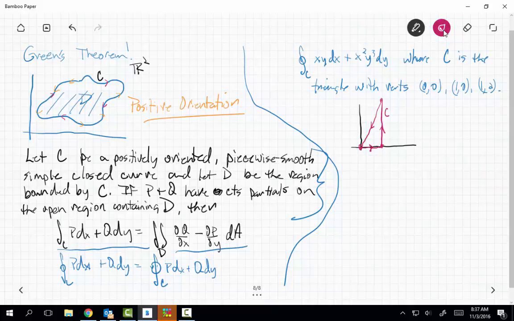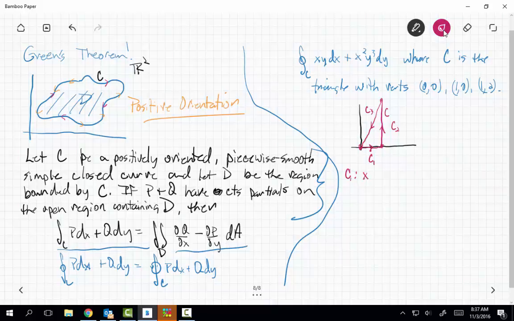Well, I need to write C, this curve, this path, as C1, C2, C3, as this piecewise smooth curve. Well, that's not too hard. What's C1 going to be? Well, it's got to be parameterized, right?